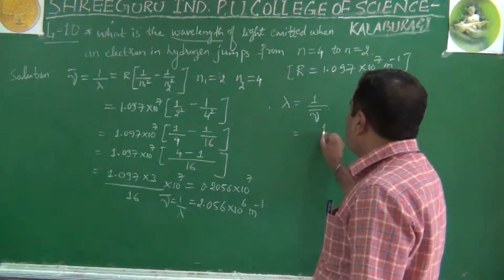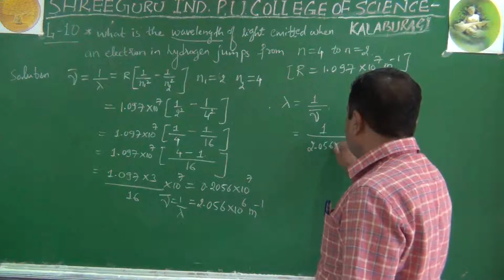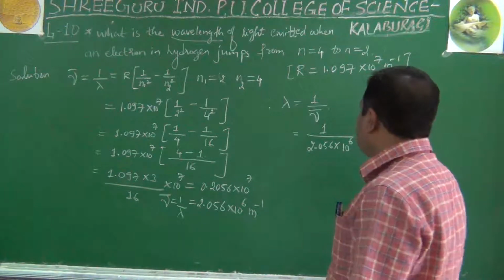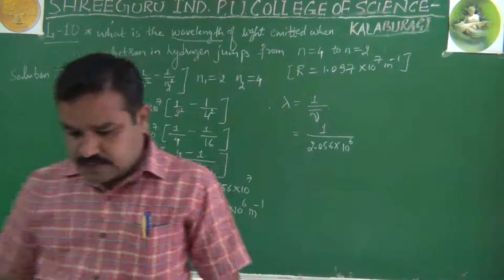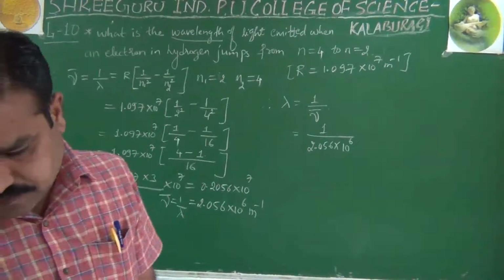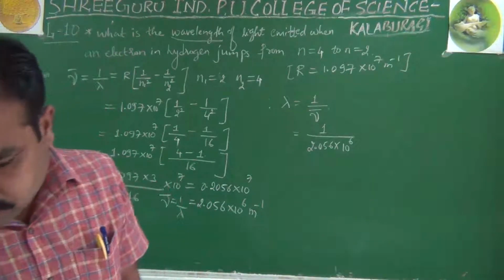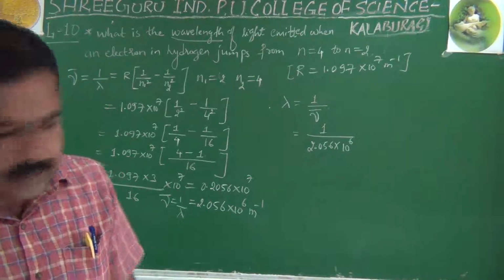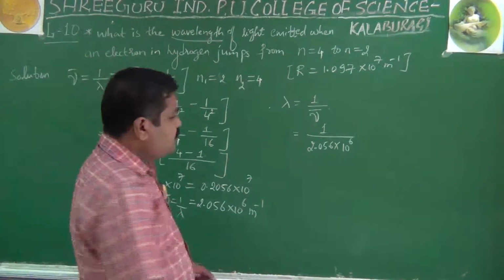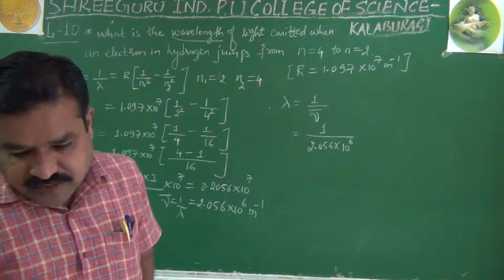Therefore, 1 divided by 2.056 into 10 to the power 6. So upon solving this, right students, you will get 1 divided by 2.056.